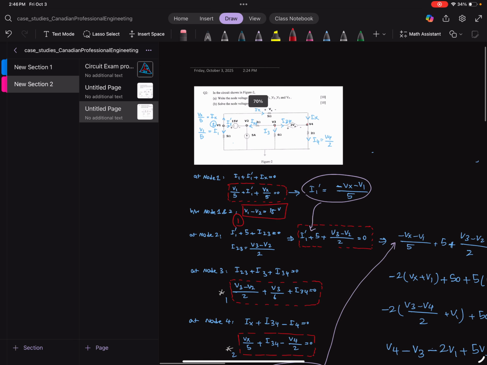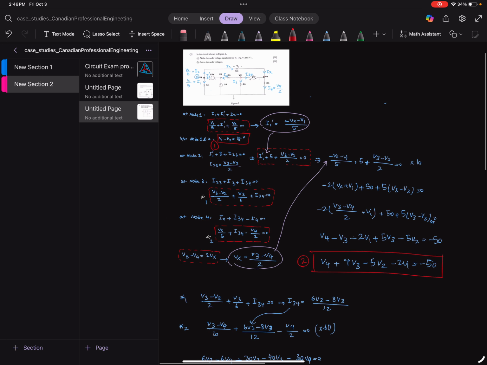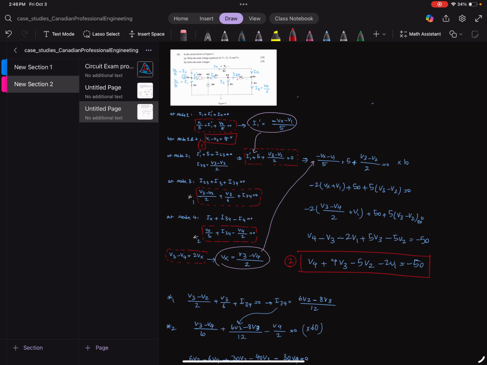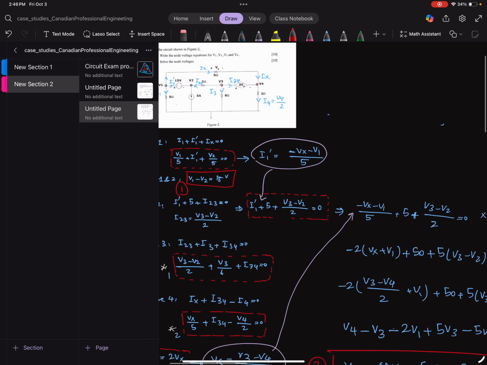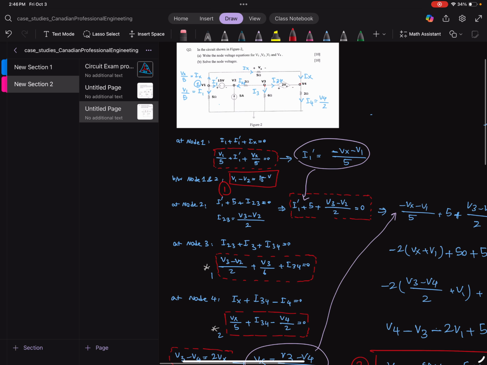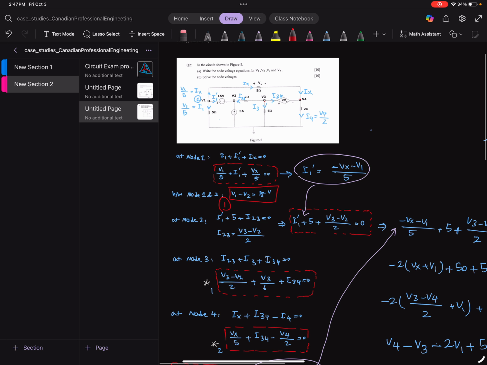Now let's go back to the circuit. So we wrote it at node 1, 2, 3, and 4. And then we used the voltage difference between these two, voltage difference between these two, voltage difference between these two. We have another voltage difference. We can use it here. Look at this, guys. Vx is between node 1 and node 4, right?